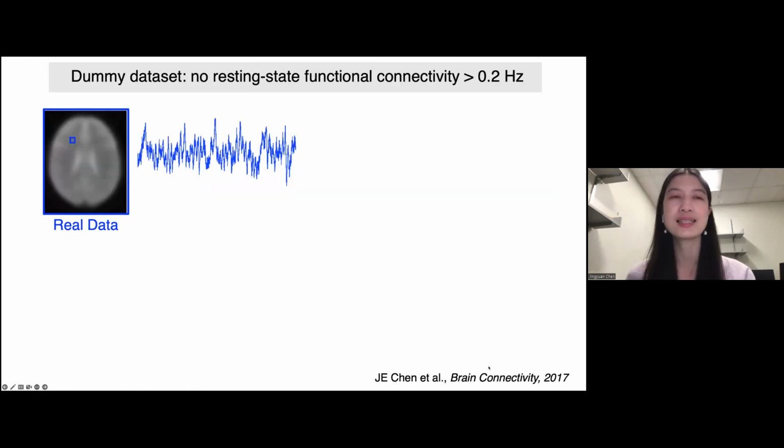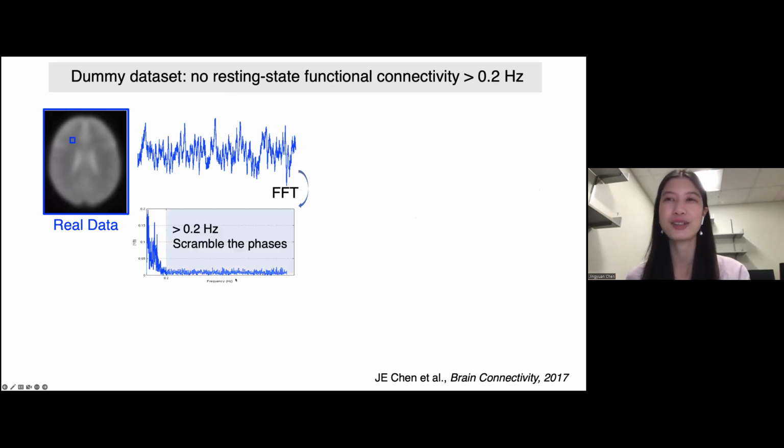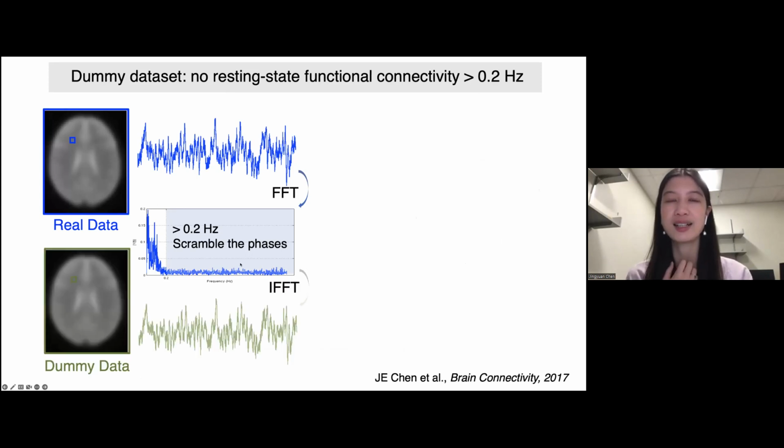So to test these ideas, we use dummy data sets. Basically, we try to remove all the high-frequency information in the data. So what we did is, for each brain region in the real data, you have its time course, and we take its Fourier transform to get its power, and then we randomly scramble the phases in the high frequency parts, and then we reverse the Fourier transform back to generate dummy data sets.